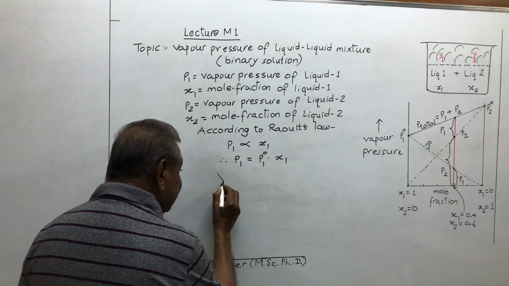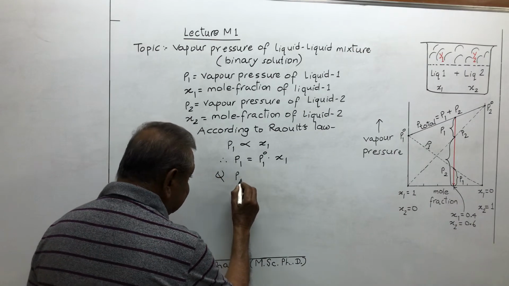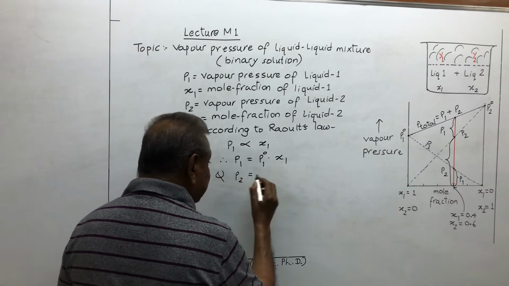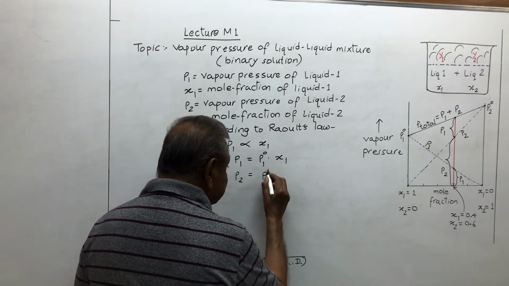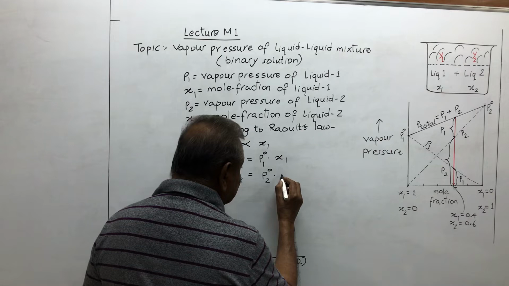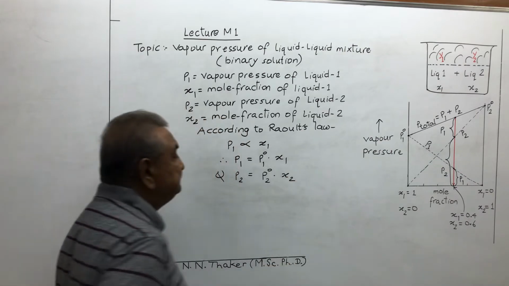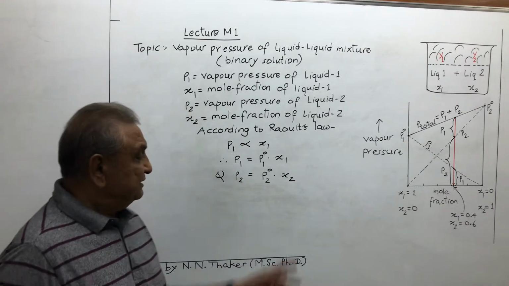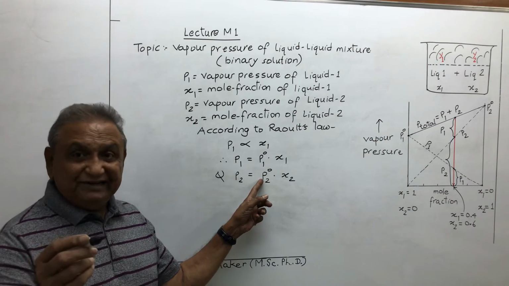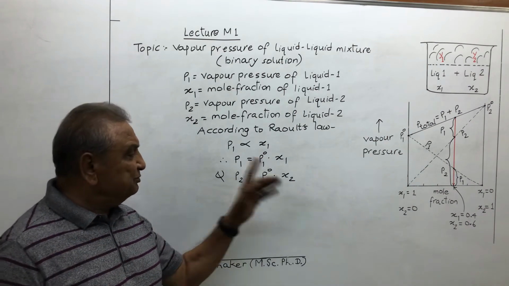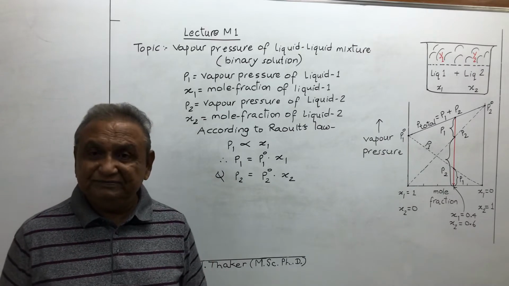Similarly, we are able to write P2 equal to P20 into x2, the vapor pressure of pure second liquid and its mole fraction in the solution.